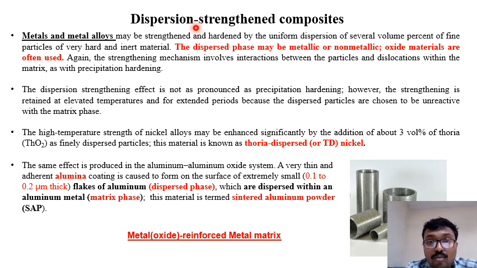Dispersion strengthened composites. Metals and metal alloys may be strengthened and hardened by the uniform dispersion of several volume percent of fine particles of a very hard and inert material. The dispersed phase may be metallic or non-metallic. Oxide materials are often used.